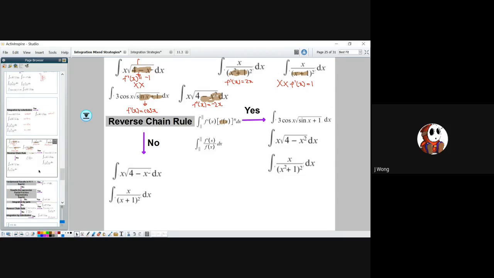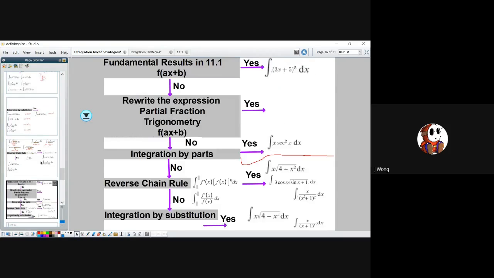So finally, if we just put them all together again, the flow chart starts from the fundamental results all the way to integration by parts. After the first 3 layers, for the remaining candidates, you can always use integration by substitution.